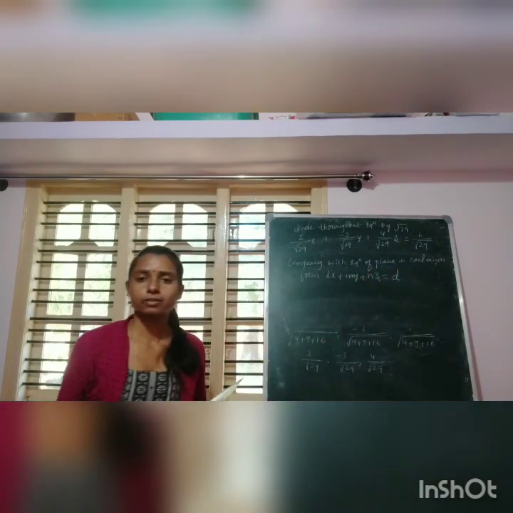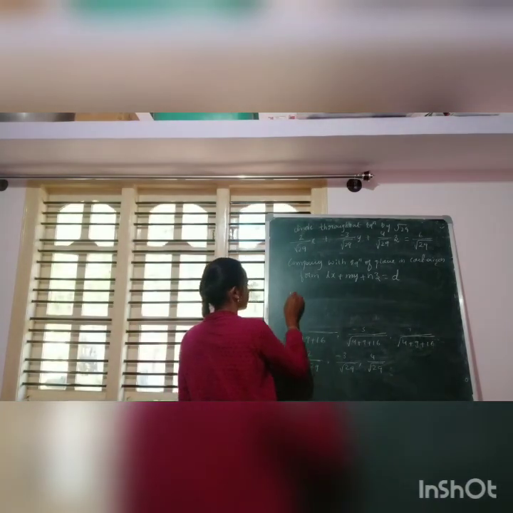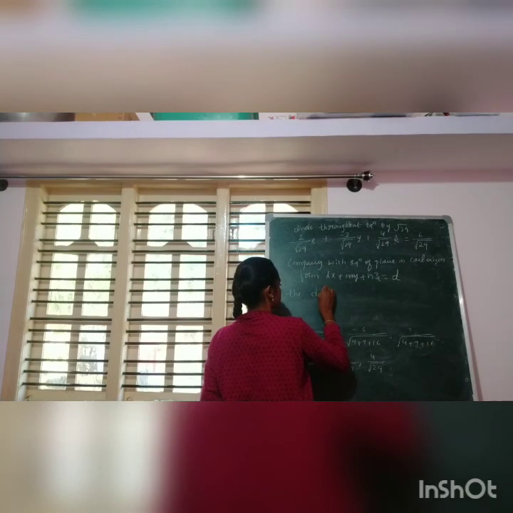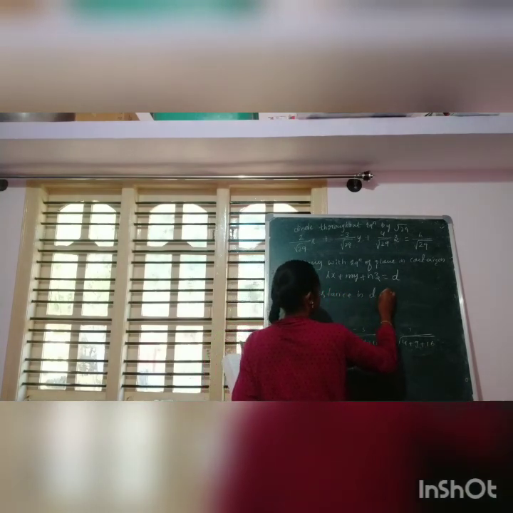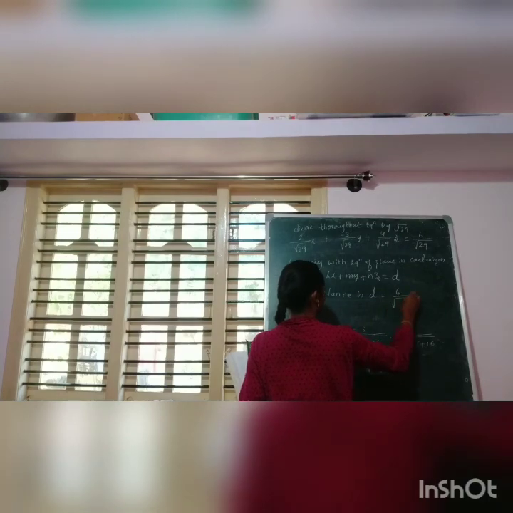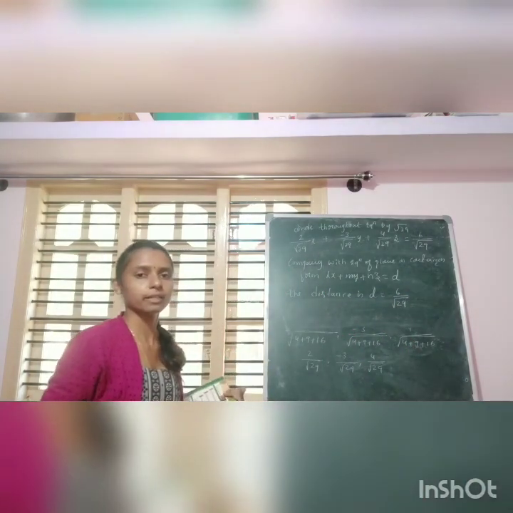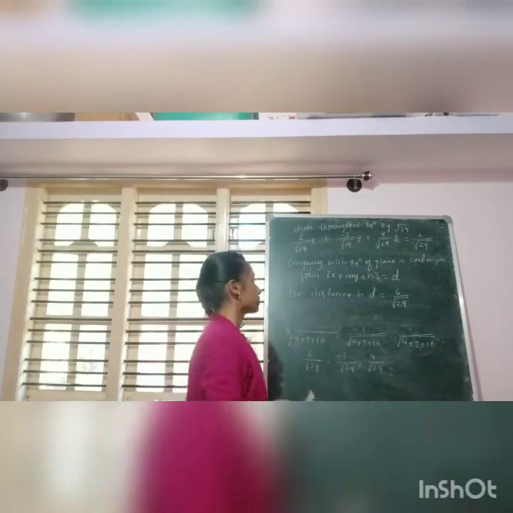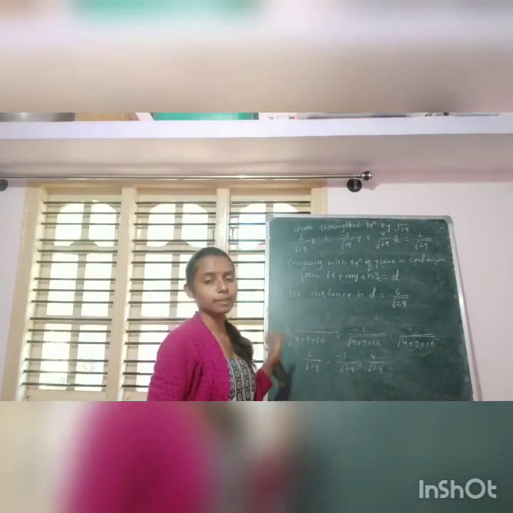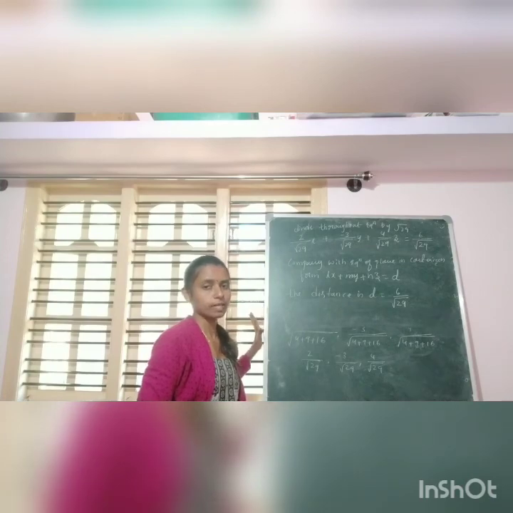If you compare both equations, you will get the distance. That is, d is equal to 6 by root 29. This is the required distance of the plane, 6 divided by root 29. So these are the examples based on the equation of a plane in vector form as well as Cartesian form. Okay, hope you guys understood this.